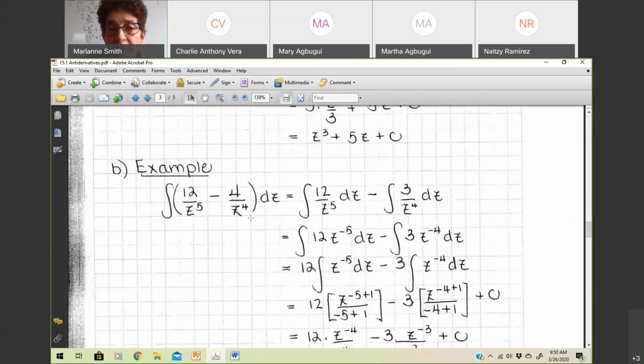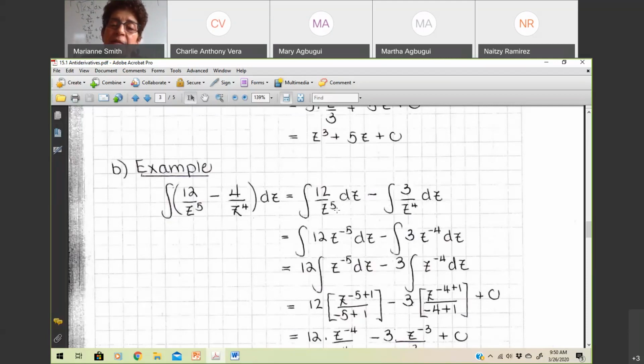These are two separate terms, so I can integrate or take an antiderivative term by term. Notice when I split the terms up, I had to write a dz with each term. You can think of it as distributing to everything in the parentheses. So again, it's important that you don't lose the dz's, otherwise what you're doing mathematically doesn't make sense.